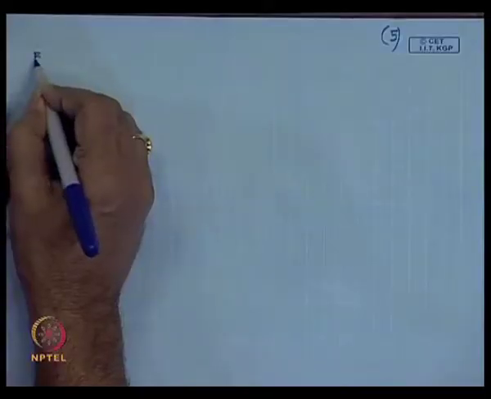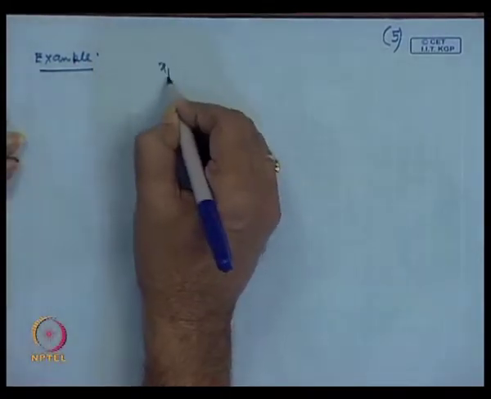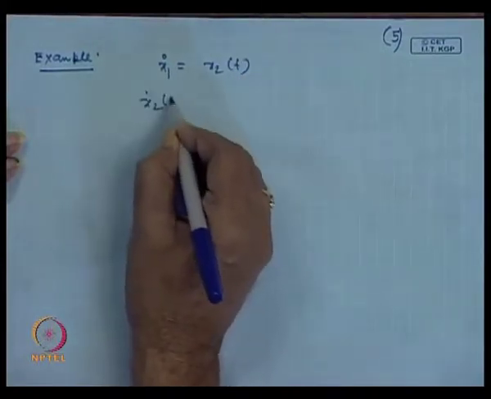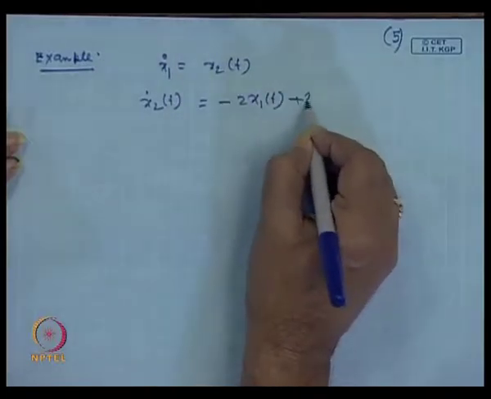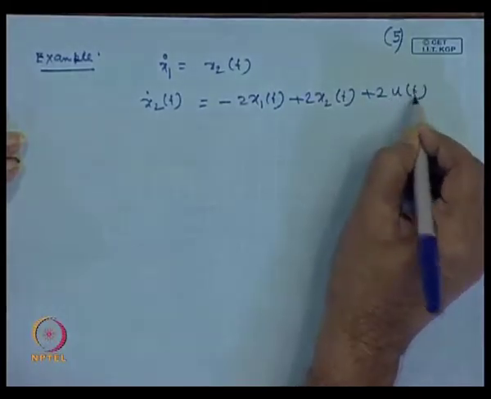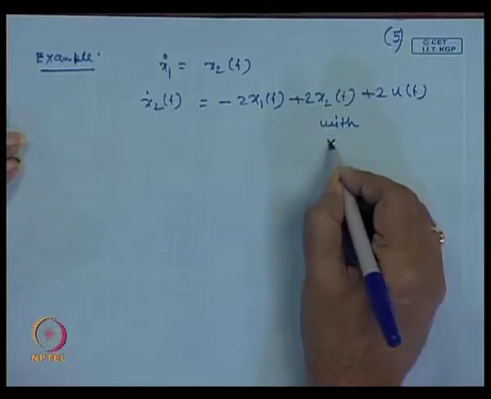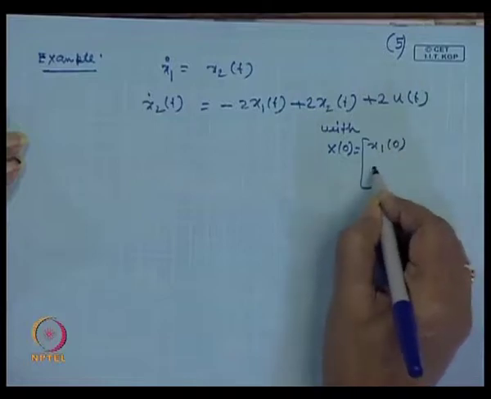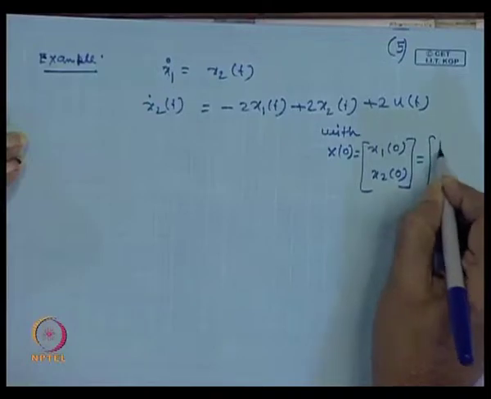So, our example is this: x 1 dot is equal to x 2, and x 2 dot is equal to minus twice x 1 of t plus 2 x 2 of t plus 2 u of t, with initial condition x of 0 equal to x 1 of 0 and x 2 of 0, which is given to you as 1 and minus 2.